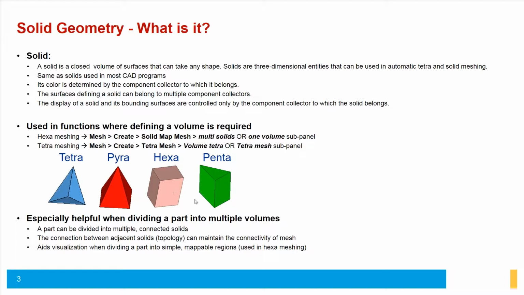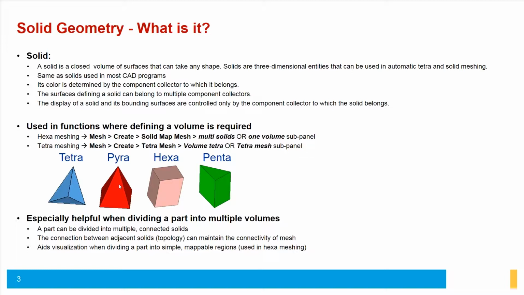The main thing about them is that hexa elements and tet elements are treated the same way as the quad and tria elements. Just like before, preferably we want to have hex elements, but tets are way easier to mesh something, and I will show you how it plays out.